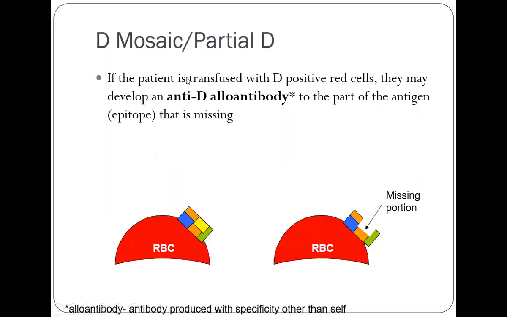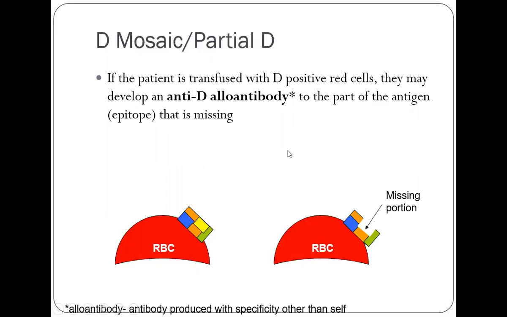So let's say we try and type a person who has a weakened partial D, and we type them as being Rh negative. So we didn't see the D antigen, and they go to donate blood, and it's given to a patient who is truly Rh negative. There still are these other remaining parts here that make it technically D positive.